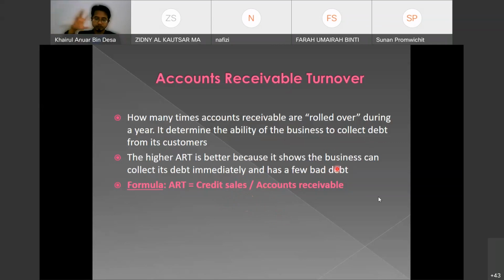Maksud account receivable keluar, kredit masuk. Account receivable keluar, collection masuk. Tetapi akan jadi masalah. Sales bagus, buat jualan banyak, jualan kredit banyak, tetapi collection department pula lembab. Dia akan jadi bad debt lah.